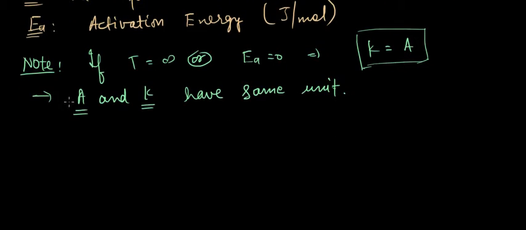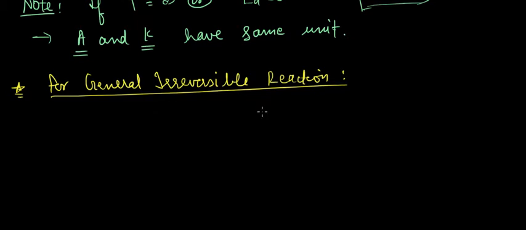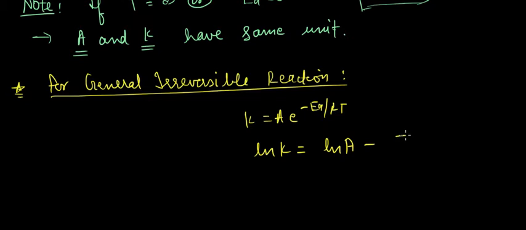So for any general irreversible reaction we can write K equals A e to the power minus EA upon RT. Taking ln on both sides, we have ln K equals ln A minus EA upon RT.